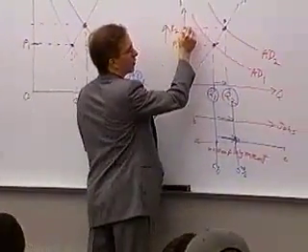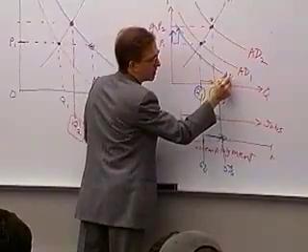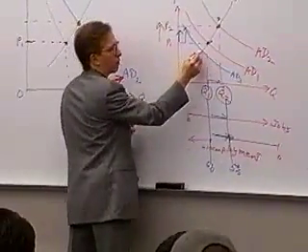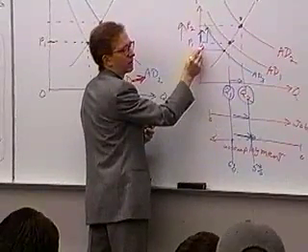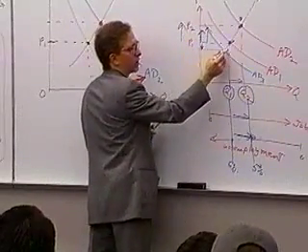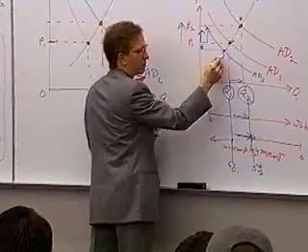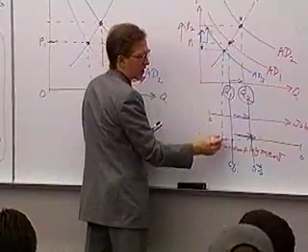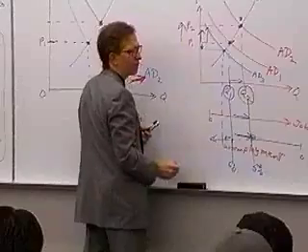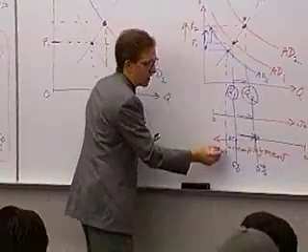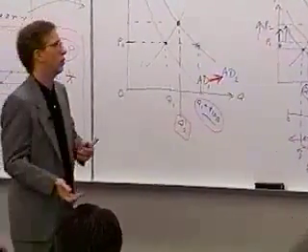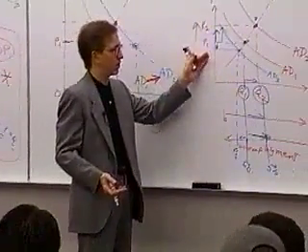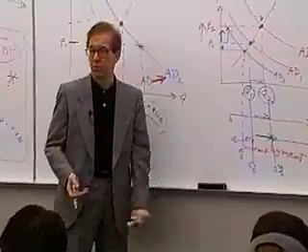Let's put AD3, and just for fun, what we can see is that now the inflation rate comes down at the new equilibrium point C. The inflation rate comes down, but what we also see is, gosh, there's now more unemployment. The unemployment rate went up. Now it's 6.5% or whatever. Still, we have the trade-off. Oh, I feel good about the lower inflation rate, but I feel bad about more unemployment.